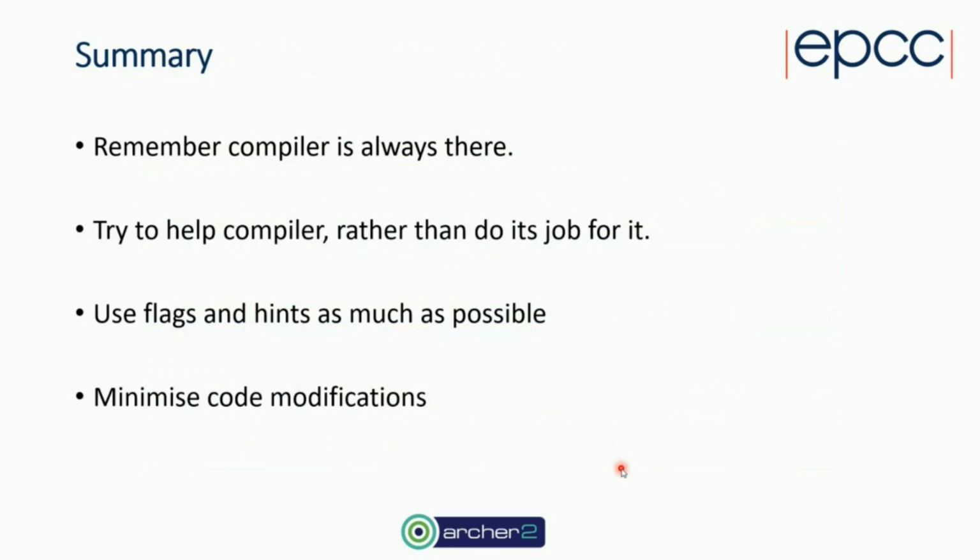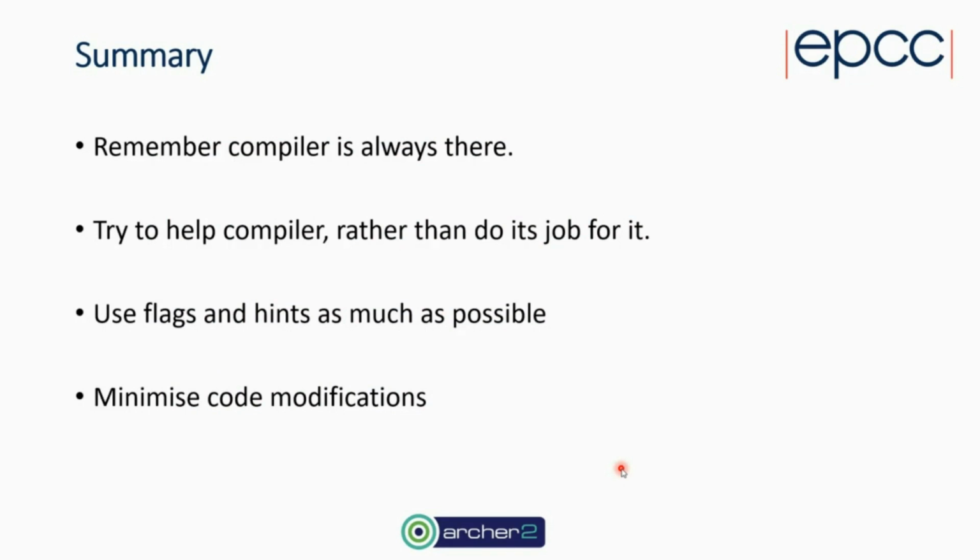And on that note, it's always worth trying multiple compilers. So we've got 3 on Archer. You don't need to use all 3 of them. But if you're porting and optimizing your code, it's always worth running on at least 2 compilers to see if you get comparable performance and the same correctness, and if one compiler is better than another for your application.